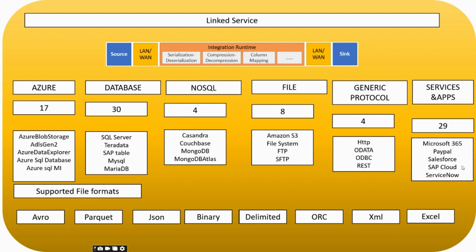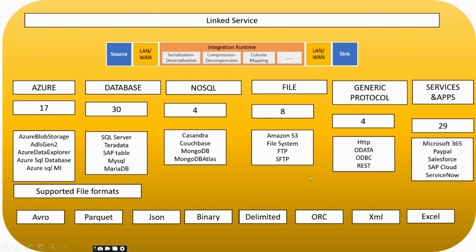Okay, so first we need to focus on how we are going to create an integration runtime, and next we need to focus on how we are going to create a linked service. The planning is very important here, because there are a few restrictions in ADF, like a few sources we cannot use as a sink, and a few sources cannot be used as a source also. So we should consider this. There is Microsoft documentation available, you can go ahead and see it at any time.